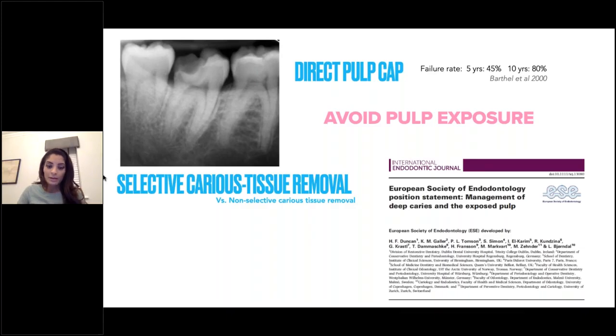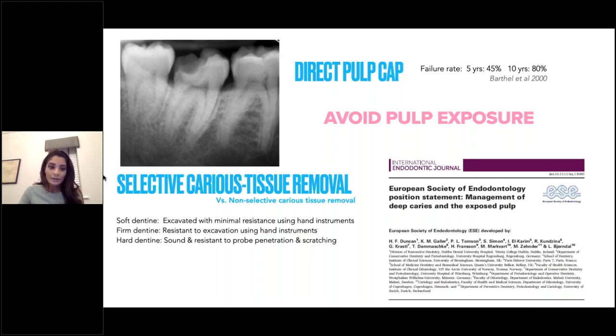We remove it in the peripheral aspect of the tooth, especially where the CEJ is, along the margins of our restoration. But we might want to leave slightly softer or firm dentine over the pulp. If we look at the definitions it talks about, there's the definition of soft dentine, which means that we can remove it using hand instruments such as an excavator.